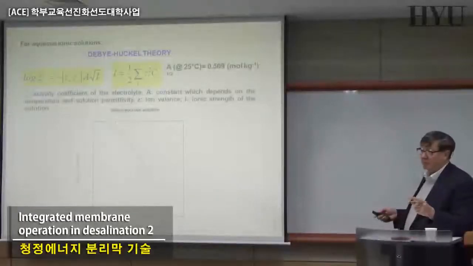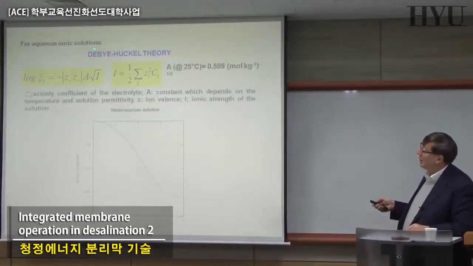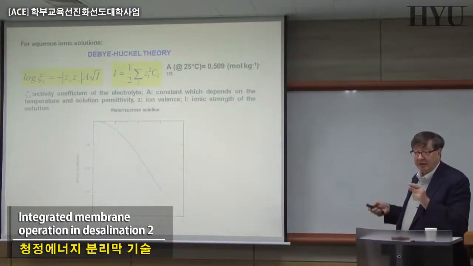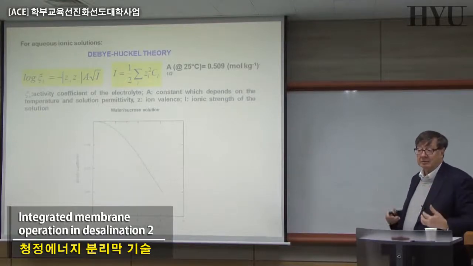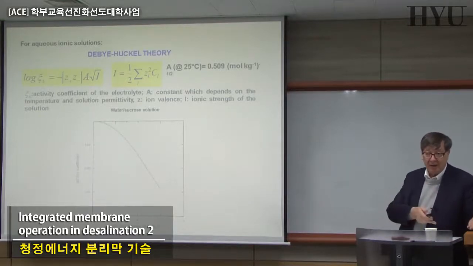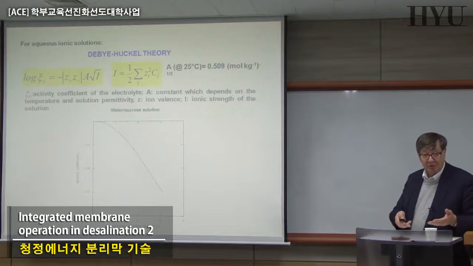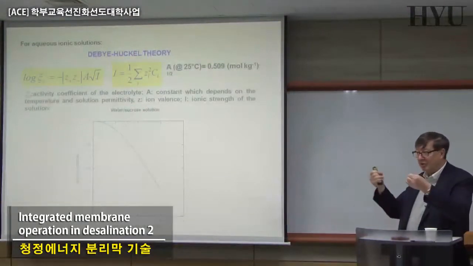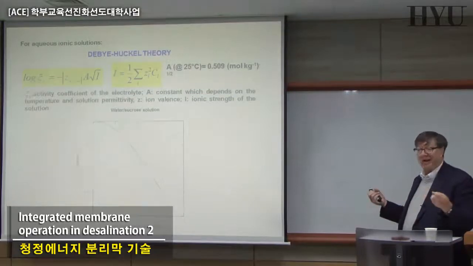What is better to do normally is to use the Debye-Hückel theory. The Debye-Hückel theory, if you have been studying electrochemistry, is the theory that explains where the activity coefficients come from. The origin of the Debye-Hückel theory tells you that ions don't exist in solution as bare ions.